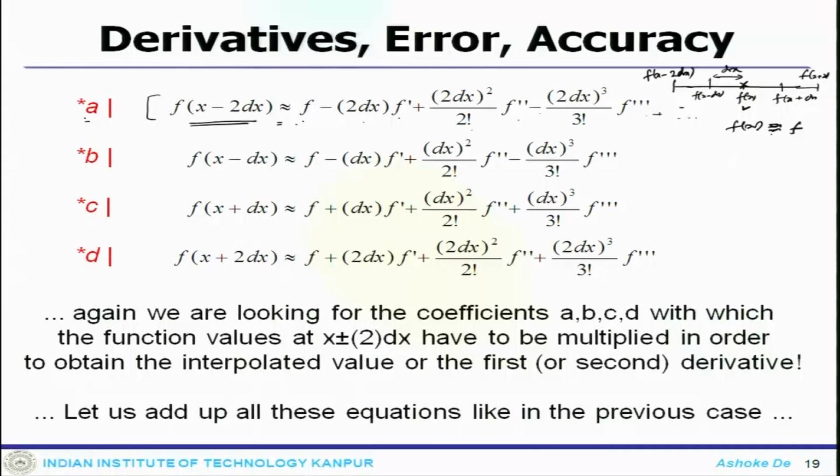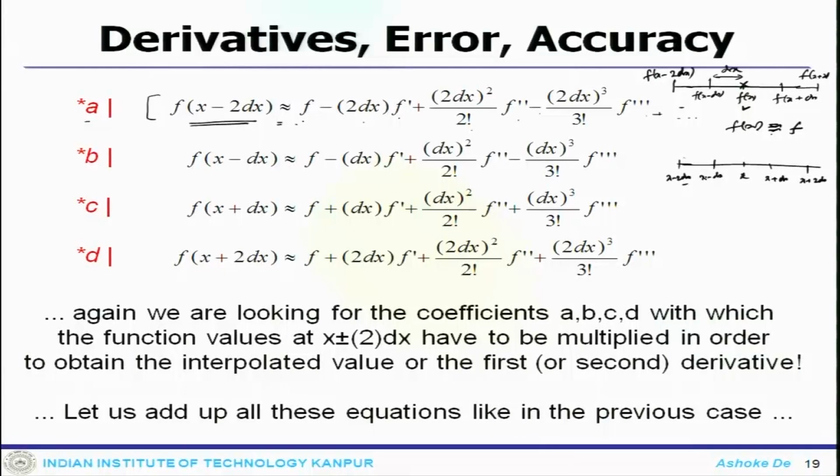So, what we are trying to do here is to generalize this idea for higher derivatives, and to do that let us consider these 5 points. One is x, x plus dx, x plus 2 dx, x minus dx, x minus 2 dx.